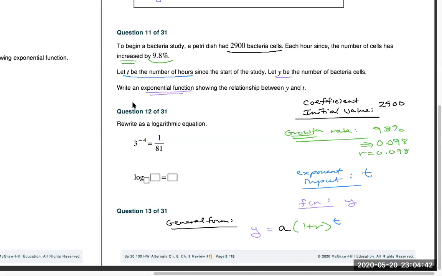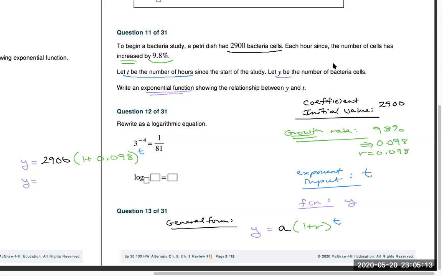So let's just fill this in over here so we don't have to erase anything. Y is going to equal, your A value is 2,900. You're going to have 1 plus the decimal form of R, which is 0.098. And you're going to have that to the t power. Alex will probably want you to fully simplify this, which is what you should typically do anyway.